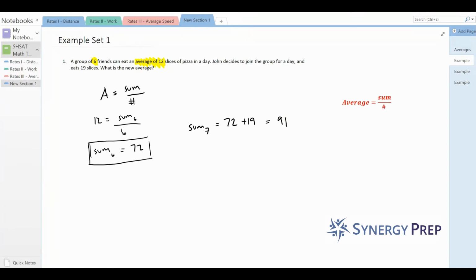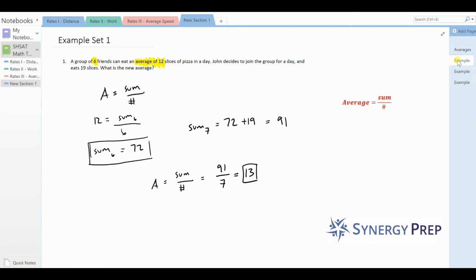And that's it. So now that you have the new sum, you find the new average. Average is equal to sum over number. Sum is 91, the new number is 7, and 91 divided by 7 gives you 13. And that's your answer. Great.